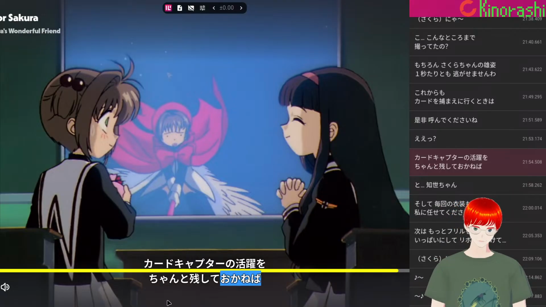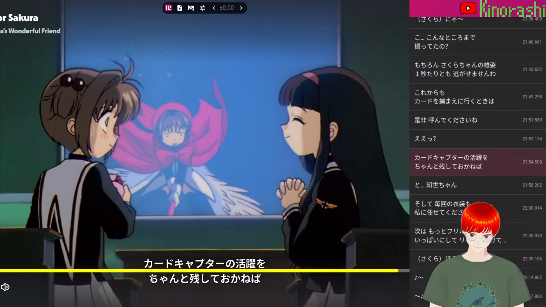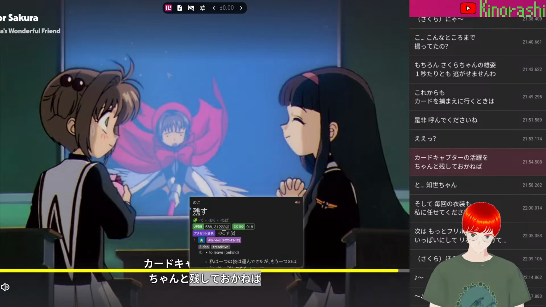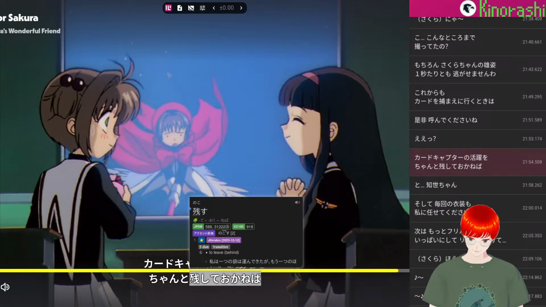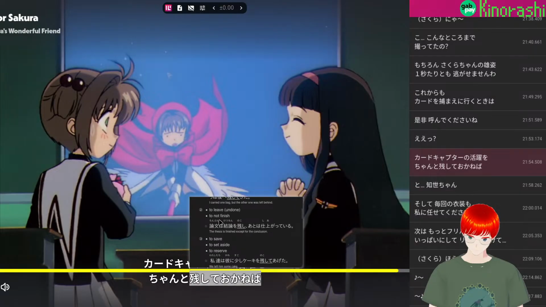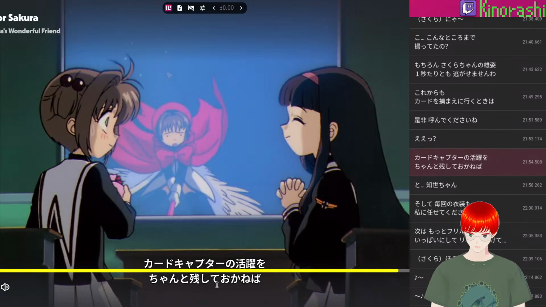So, card captor no katsuyaku o chanto nokoshite. So card captor activities properly, to save, to set aside, to not. It's not possible to.